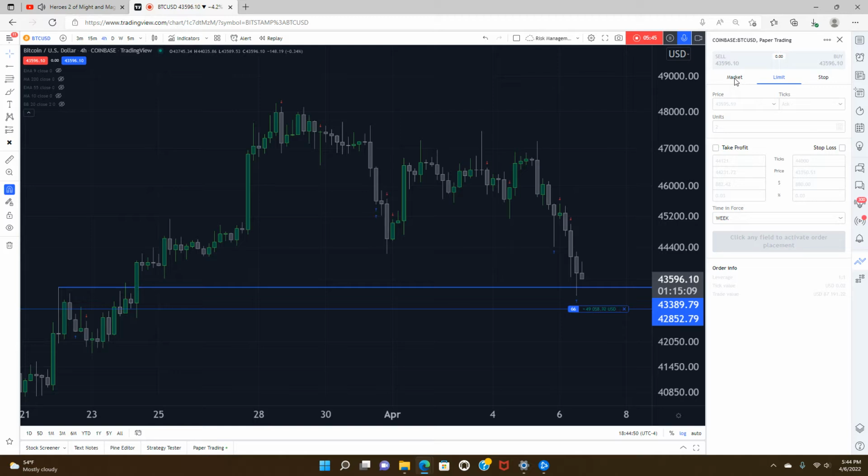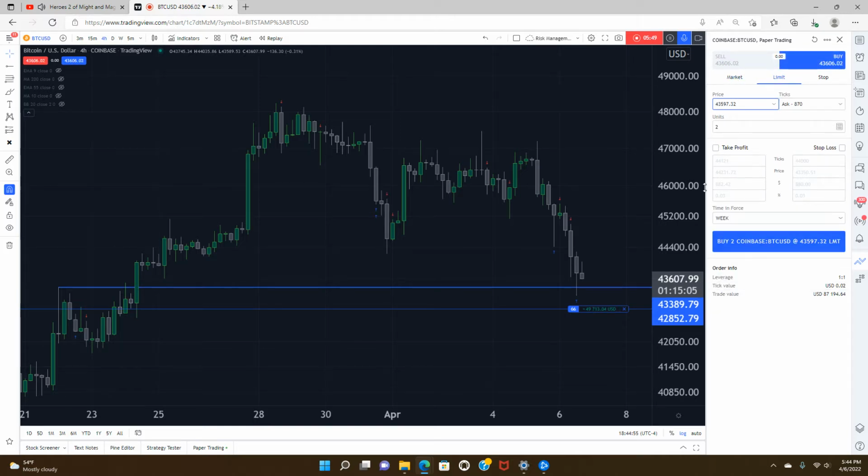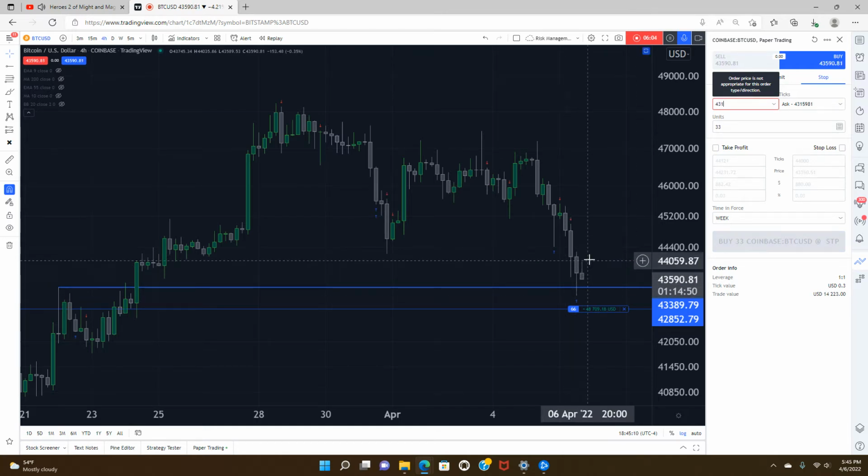So let's see, we'll manage a good deal of risk on that position. We'll manage 33%, which is managed a little bit above profit. So we'll see, 43,171.